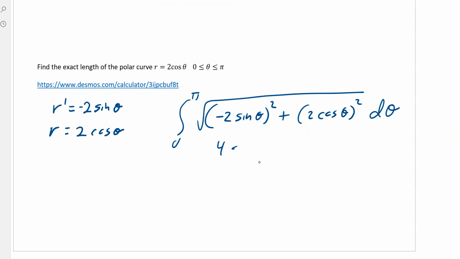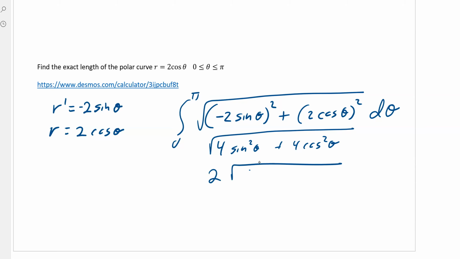So we have 4 sine squared theta plus 4 cosine squared theta, the radical. That 4 can be factored out and give us 2. And sine squared plus cosine squared theta is 1. So we end up with 2.